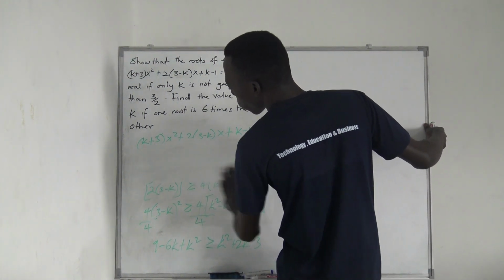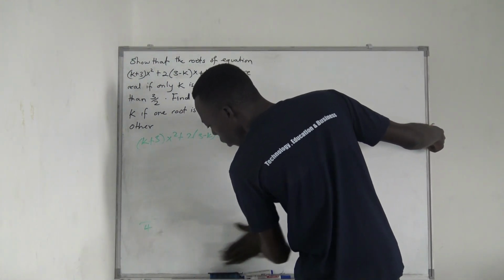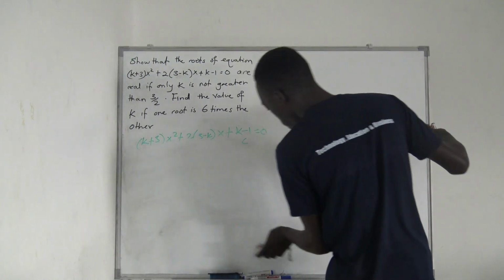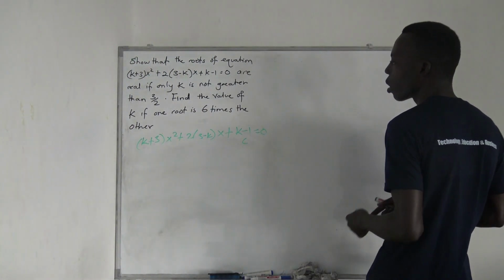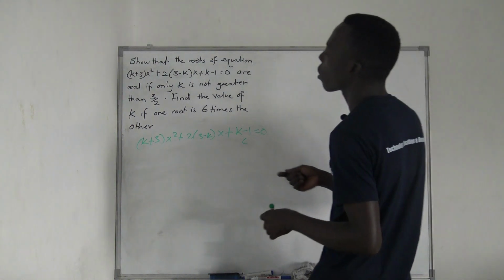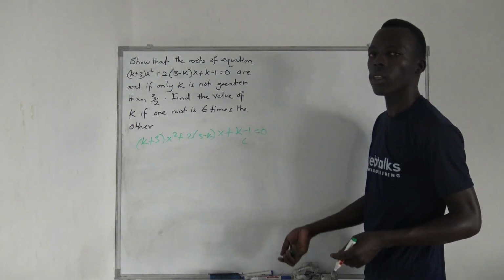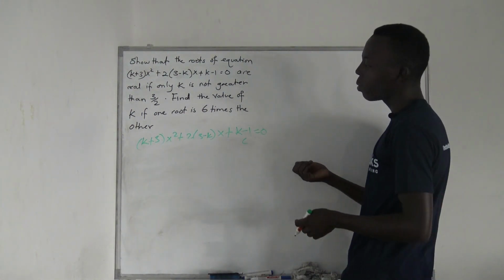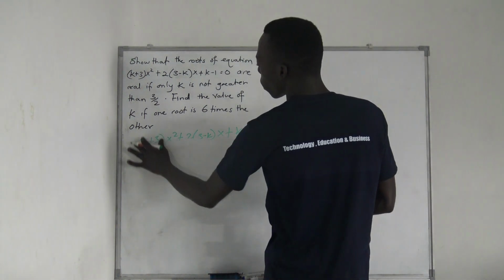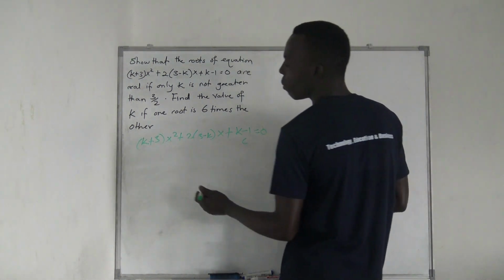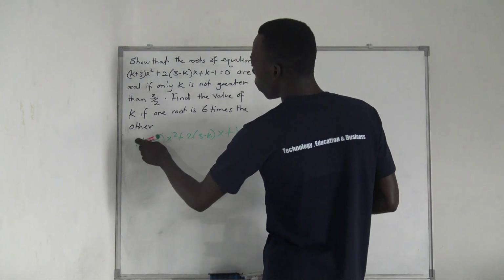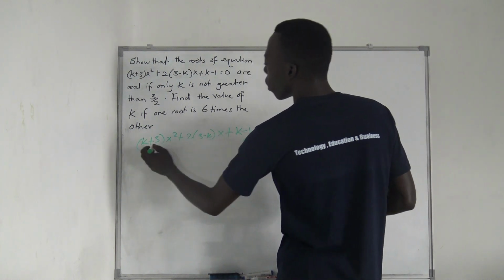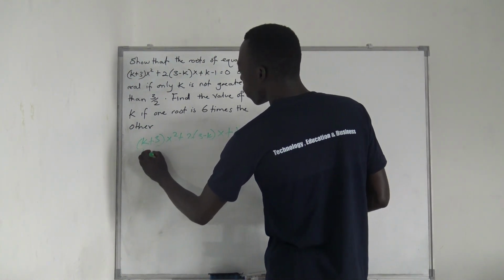So this is the same question which we are considering. When we are dealing with one root being 6 times the other, we first make this one have a degree of 1 by dividing both sides by k plus 3.